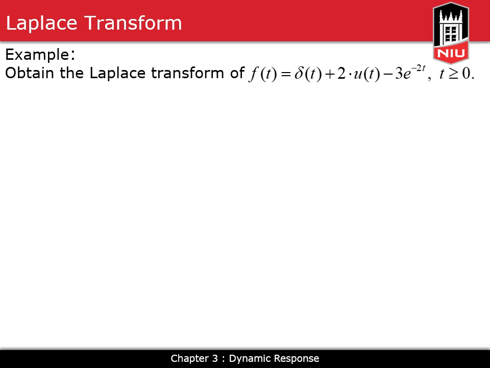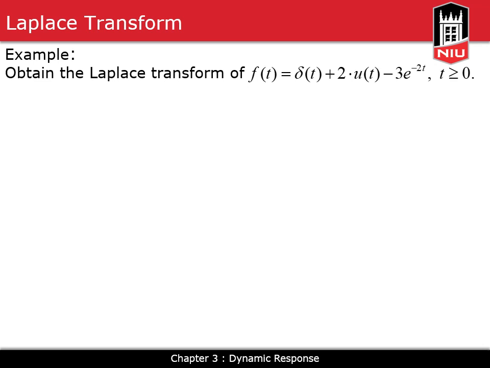Let's see an example. If we want to obtain the Laplace transform of the function f of t, which is equal to delta t plus 2 times u of t, and u of t here is the unit step function, minus 3 times e to the negative 2t.